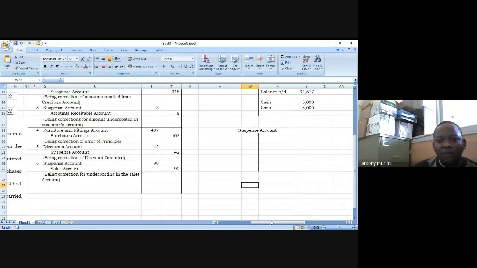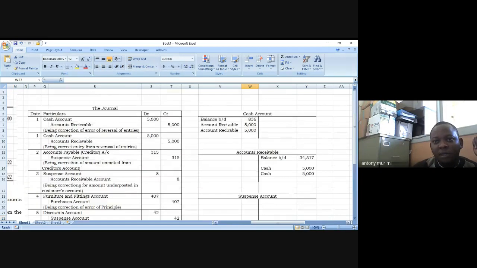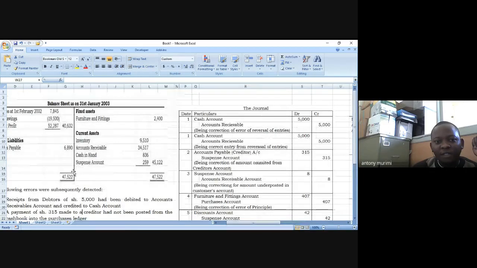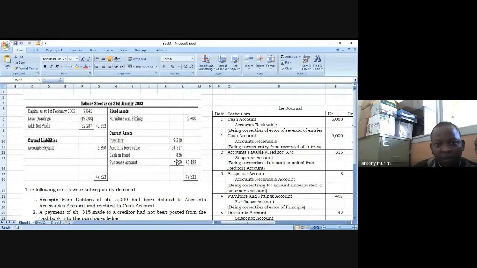In the suspense account, as per our notes, we said we insert the difference in the trial balance. So our suspense account from our balance sheet has 259. That is the difference between the debit and the credit totals in the trial balance.